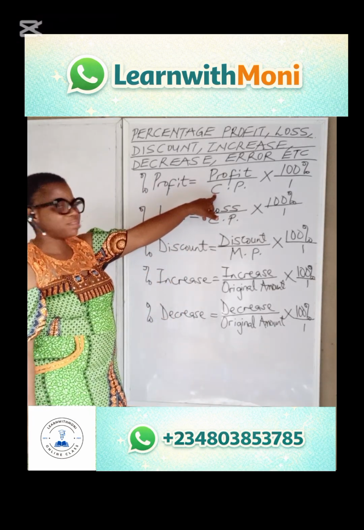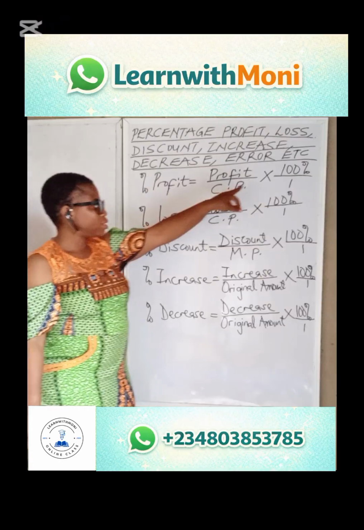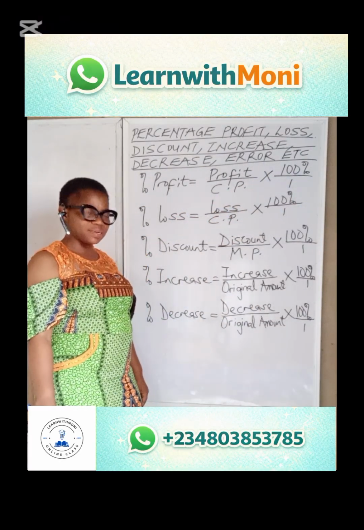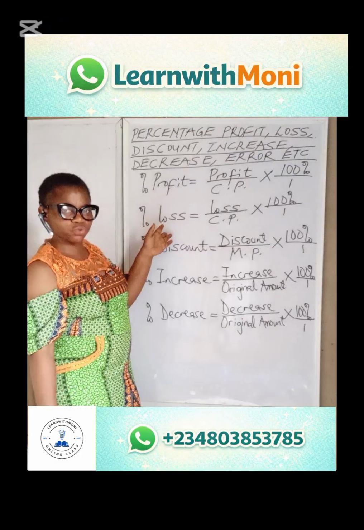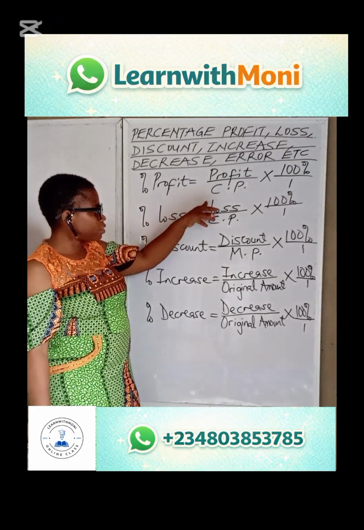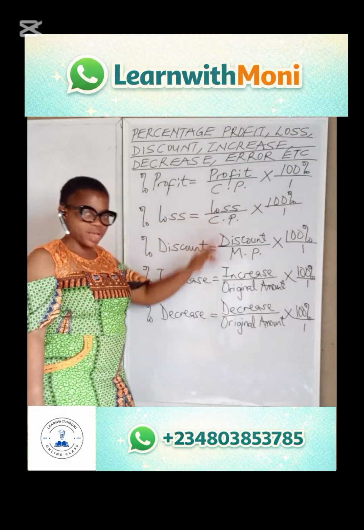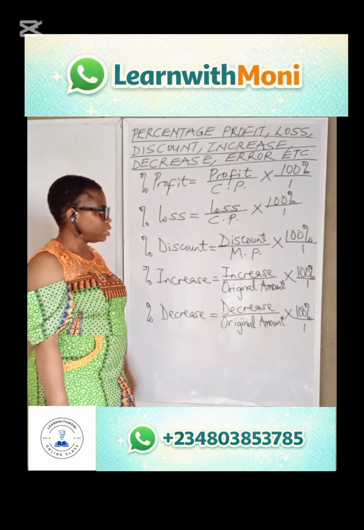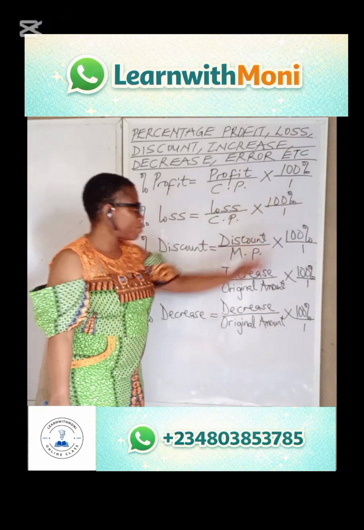And that is why it is profit over cost price times 100% over 1. I hope you understand that. If it is a loss also, it's going to be the loss over the cost price, which is the first price involved in the transaction, times 100% over 1.